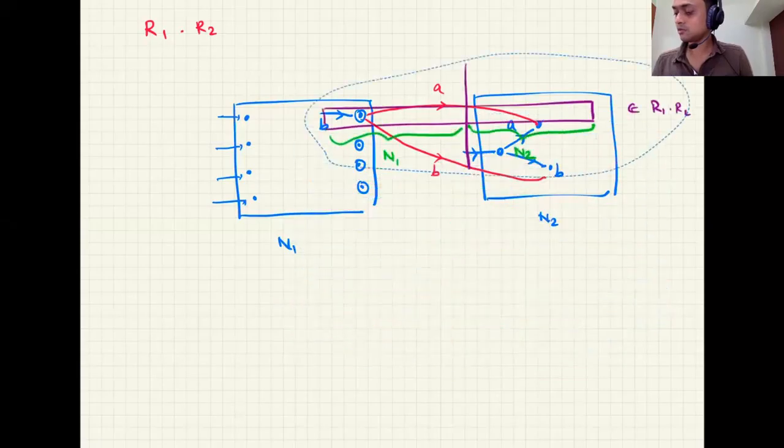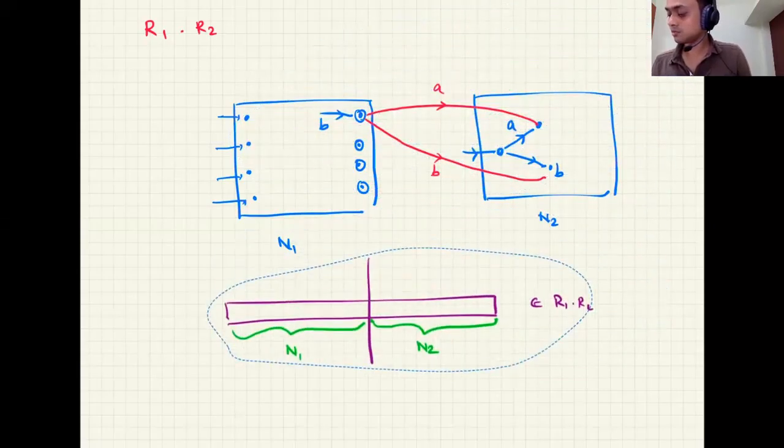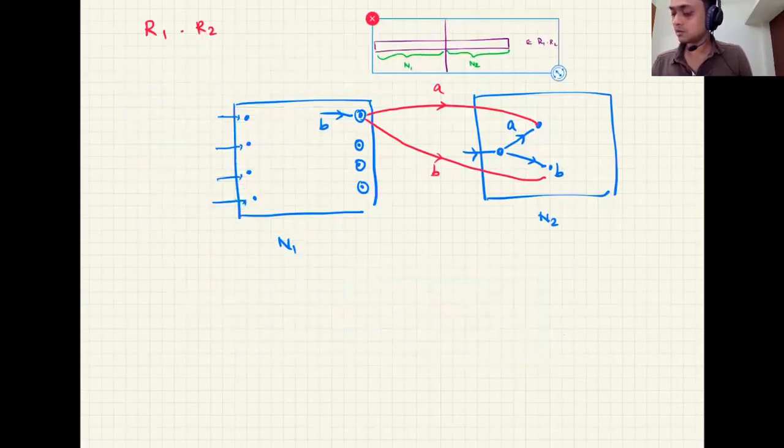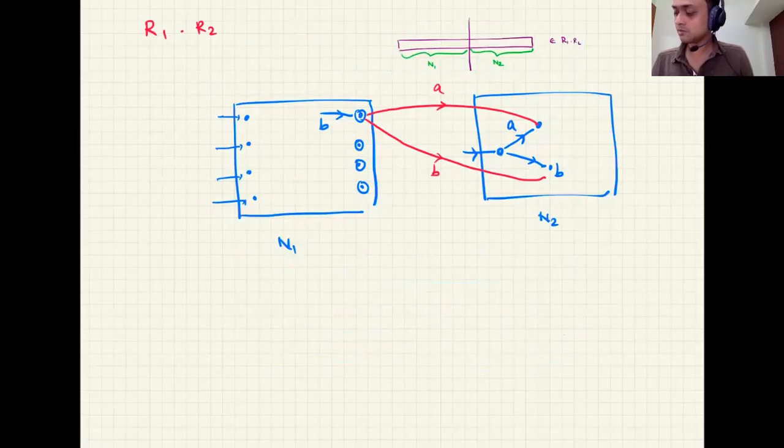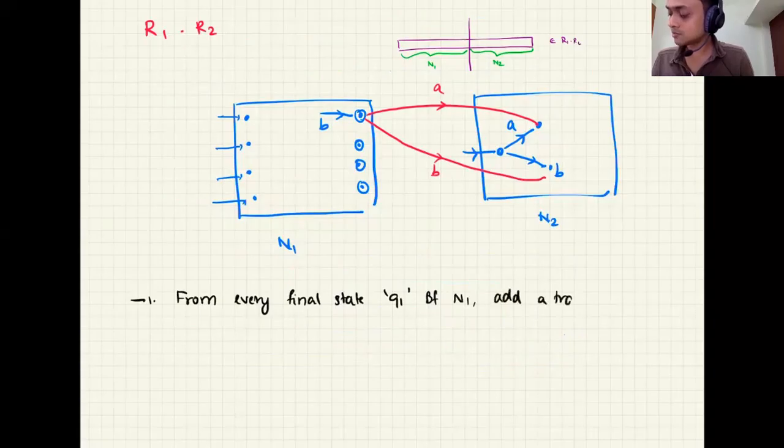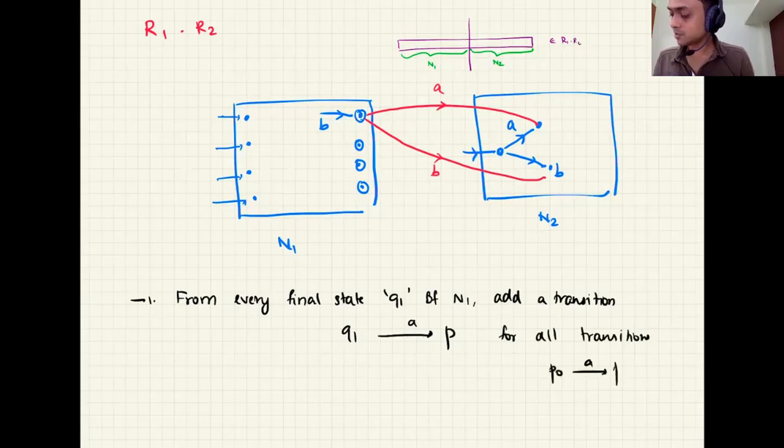So what we do, from every final state Q1 of N1, add a transition Q1 A P for all transitions P0 A P, where P0 is an initial state of N2.